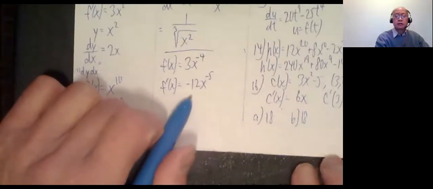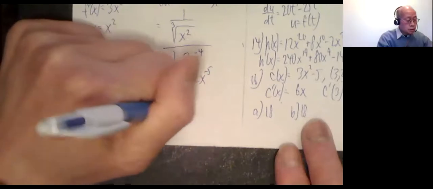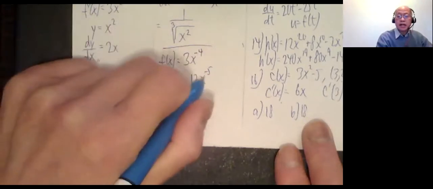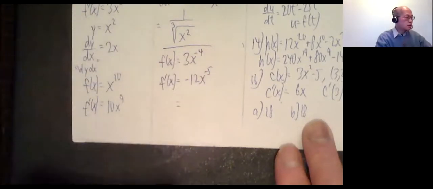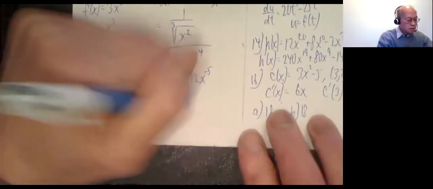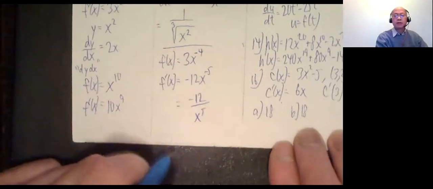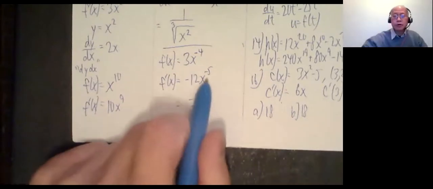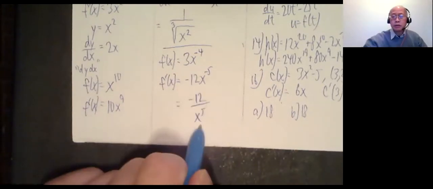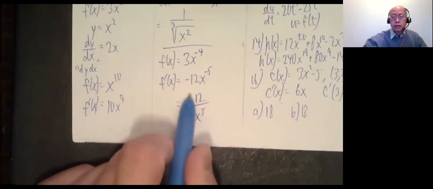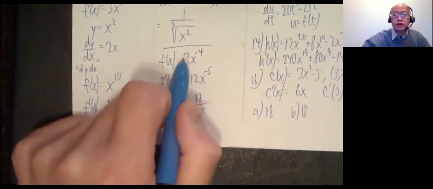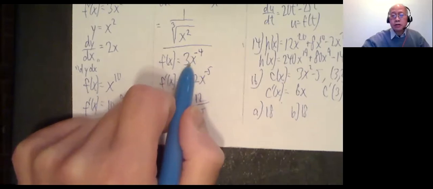Okay. Question in the chat about how I would write this if I were to keep going? Then just bring the x to the negative 5 into the denominator. So I'm going to go like this: negative 12 over x to the 5th. Again, negative exponent means put this into the denominator. Let's say this problem started off with 3 over x to the 4th.